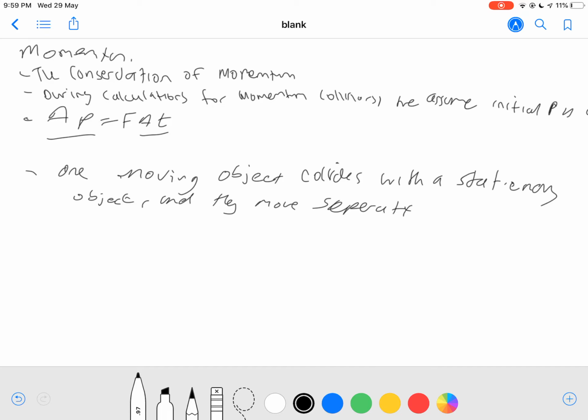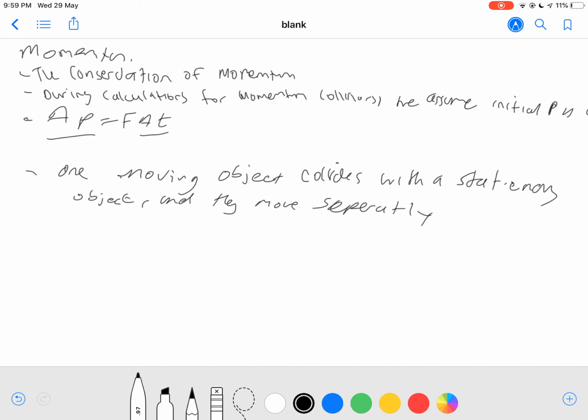In most of these questions, they're going to give you the mass of the two objects and the initial momentum. They don't tell you the speed of one of the objects after they collide, and they ask you what the speed is after.